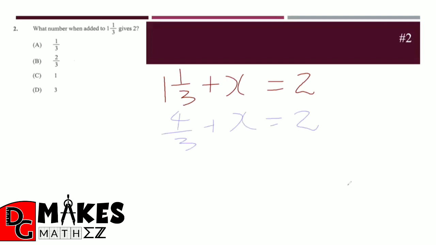So now we'll subtract 4/3 from both sides. And now we have 0, and x is now equal to 2, which I can write as 2/1 - 4/3.